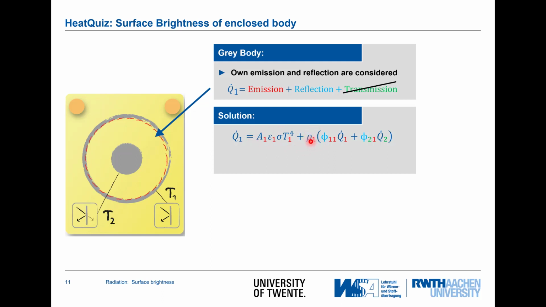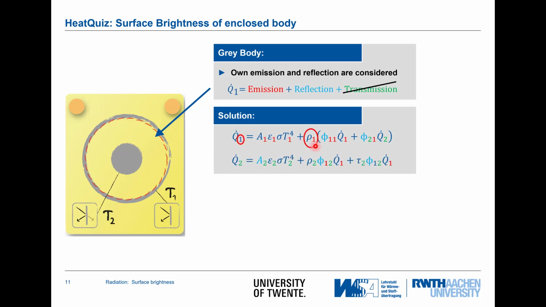And what is reflected? Well, that's the surface brightness from this own object times the view factor phi11 plus the view factor for radiation from object 2 to 1 times surface brightness of 2. All that together is being reflected.